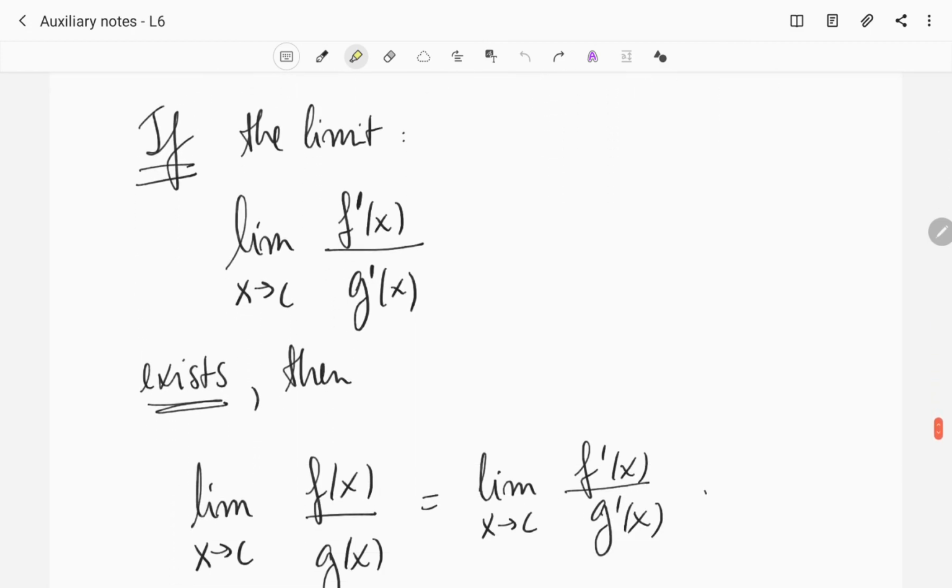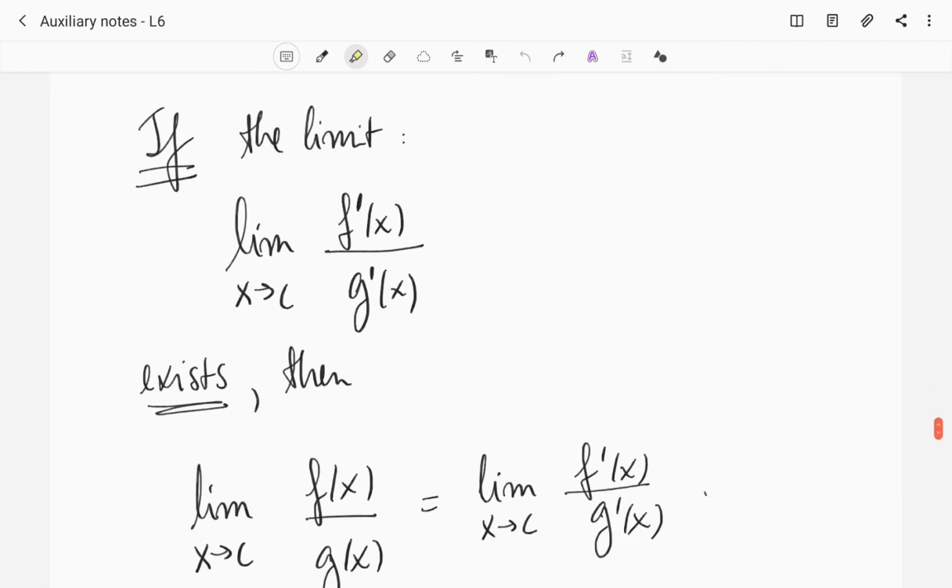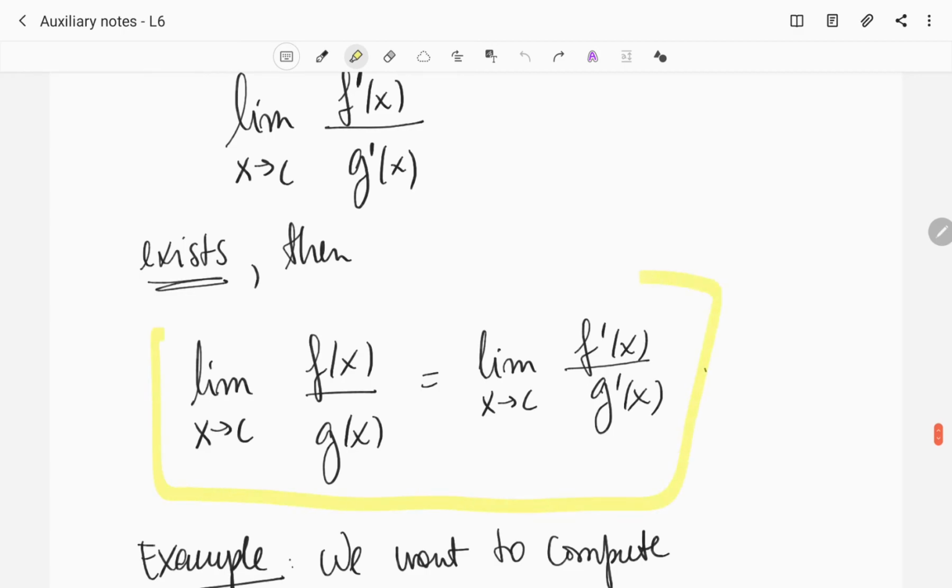Okay, so in that case, this rule says: why don't you compute this limit? You differentiate f, differentiate g, and then compute this limit instead of the original one with f and g. Then, if that limit exists, you can say that both coincide. And this is the rule that we are going to use also in lecture 6 in some cases.